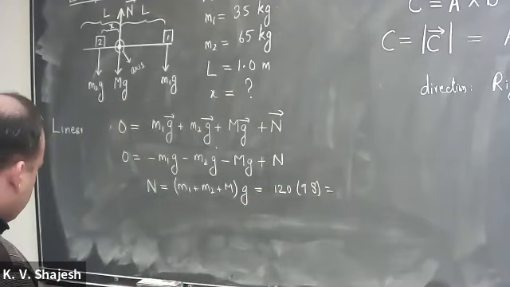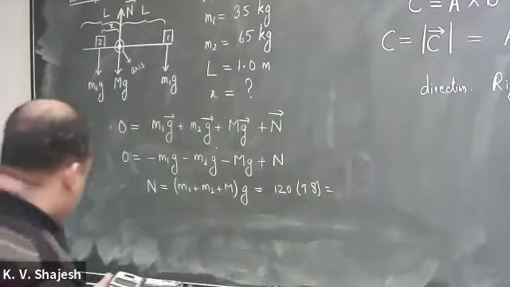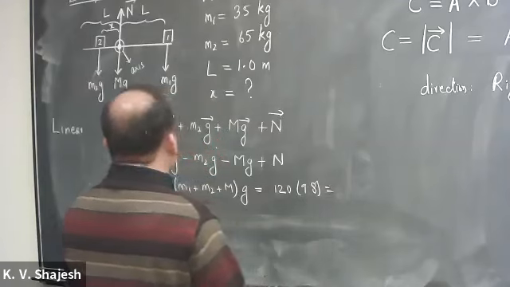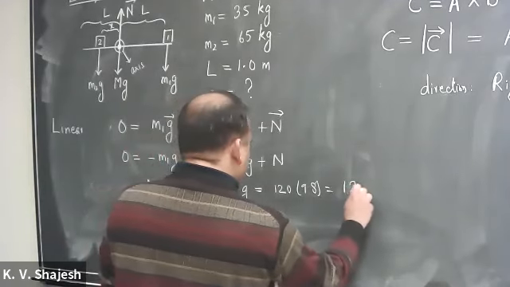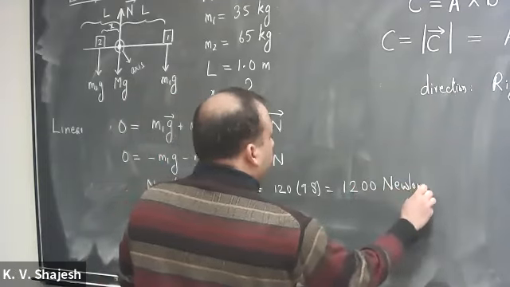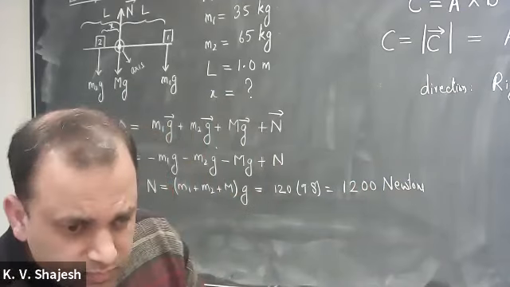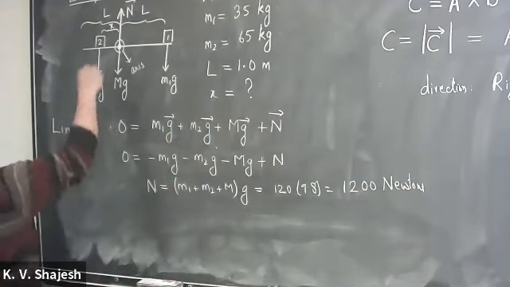That's not dealing with rotations. Let's finish that off. So that's 1176. There's 2 sig digits, so that's 1200 newtons. Okay, that's good, but we would like to now do torque.